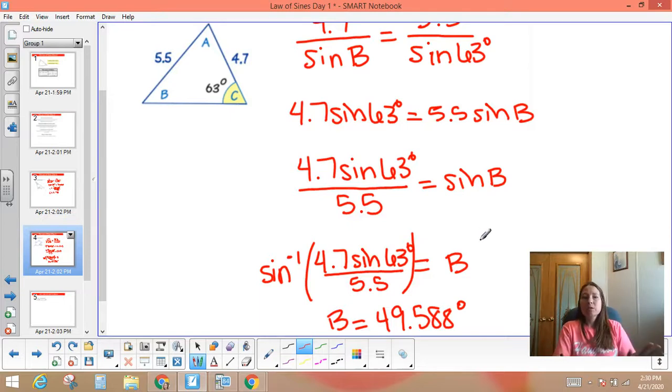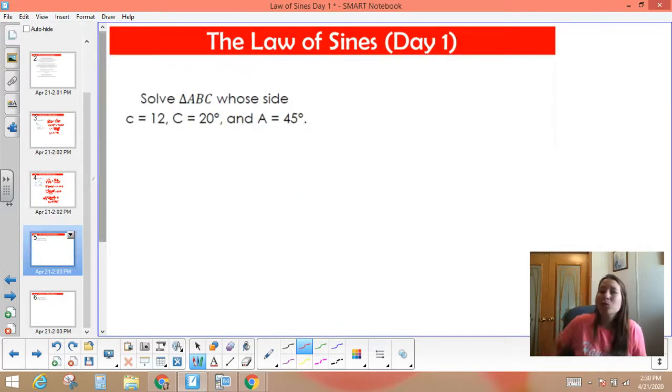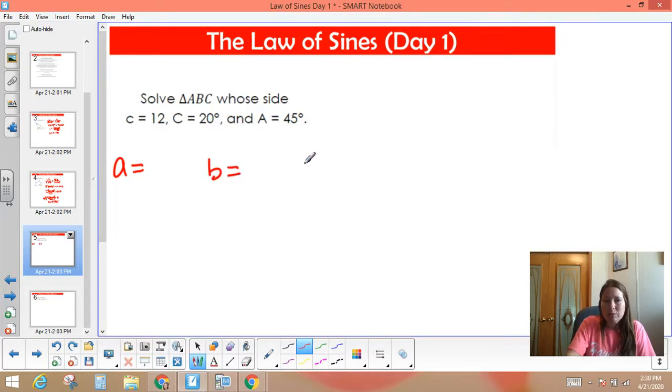Okay, so those are examples of if I'm just looking for one piece of information. So our next 2 examples are, can you solve the entire triangle? And the way that I set this up is kind of the reason that I use the formula the same way every time. If I'm asked to solve a triangle, then I'm going to go ahead and label that I don't know side A, I don't know side B, but I know that side C is 12.